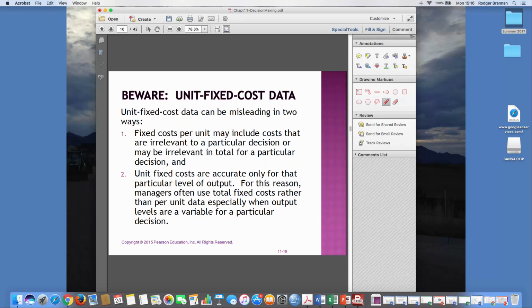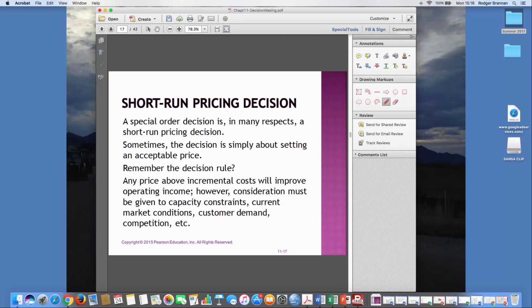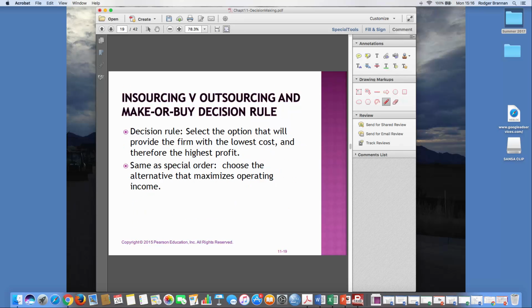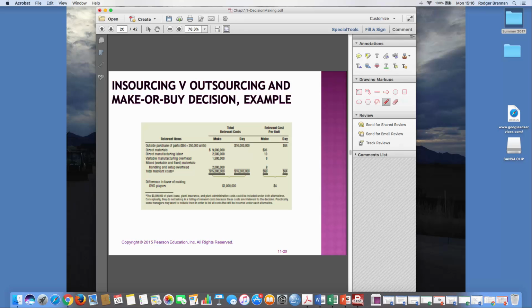All right, now this fixed cost issue is going to come into play when we have this issue of make or buy, insource, outsource. And I think the best way is to look at an example here. Now what they tell you here, you read the fine print, is that there are $3,000 of fixed cost for this plant.